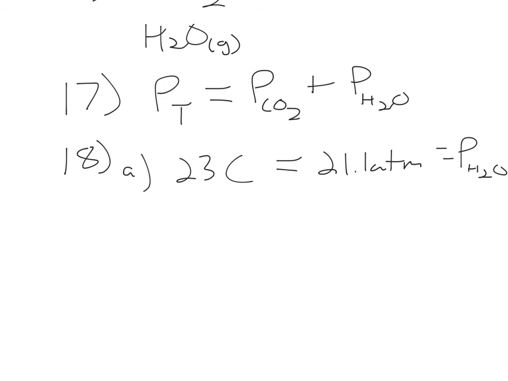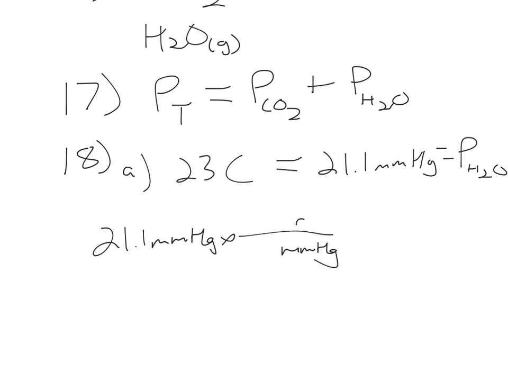Oh, I made a boo-boo. That's not atmospheres. That 21 atmospheres would be huge. That's actually millimeters of mercury. Okay. We want it to be in atmospheres, so let's do that. 21.1 millimeters of mercury times, let's get rid of millimeters of mercury and get atmospheres. We know 1 atmosphere is 760 millimeters of mercury.